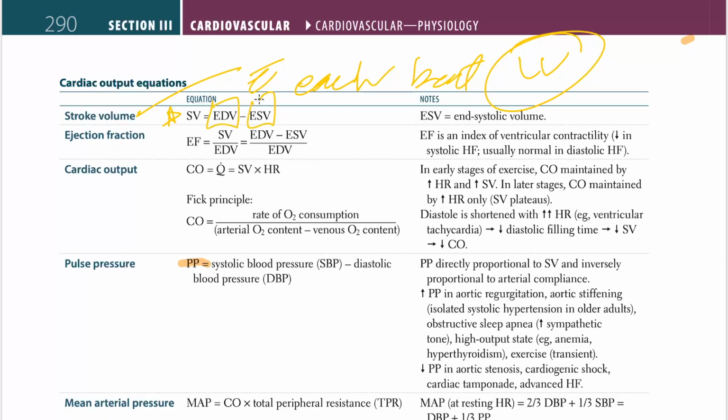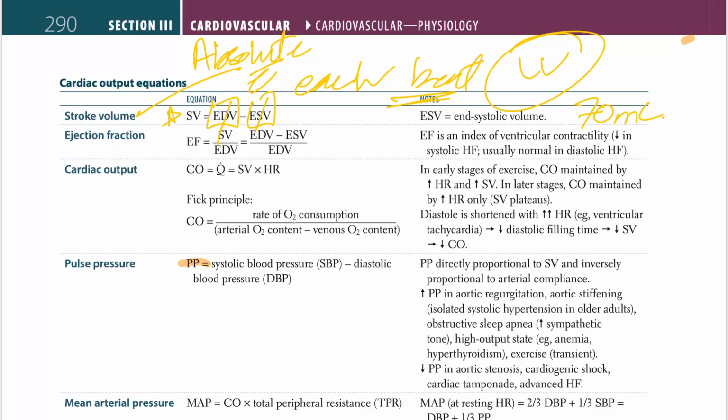End-diastolic volume minus end-systolic volume gives us the stroke volume. This is the absolute amount of blood that goes out with each beat from the left ventricle. And what is normal stroke volume? It's about 70 ml that goes out with each beat.